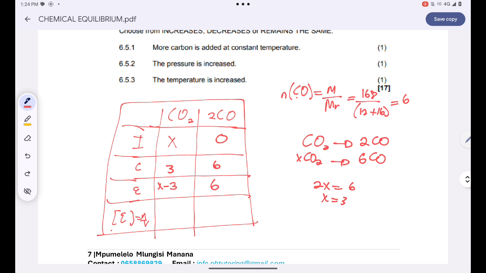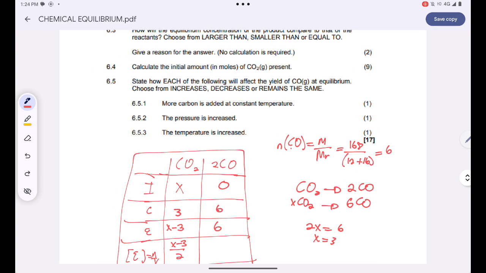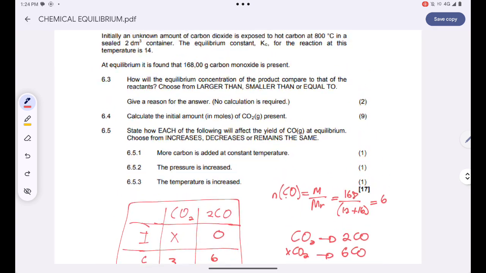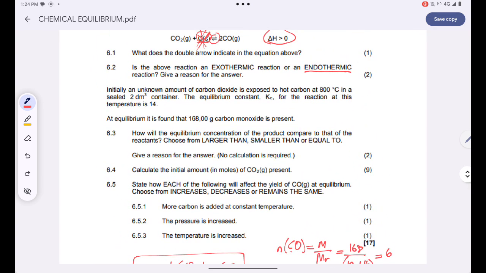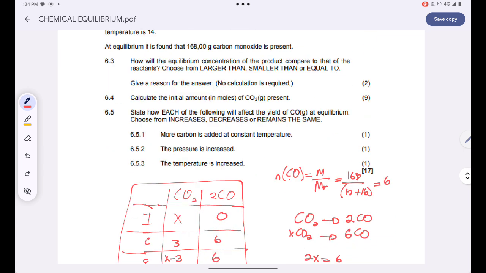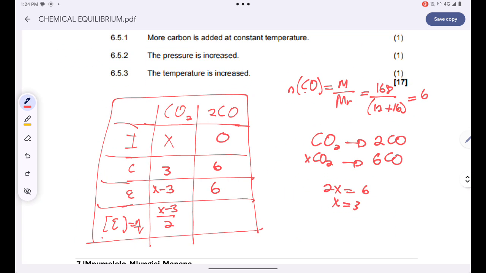And then for my equilibrium concentration, I'll simply have x minus 3 all over 2, because I just need to divide the number of moles by my volume, right? The volume is 2 because I was told that it's a 2 cubic decimeter container. And then I also have 6 over 2, which would just give me 3.